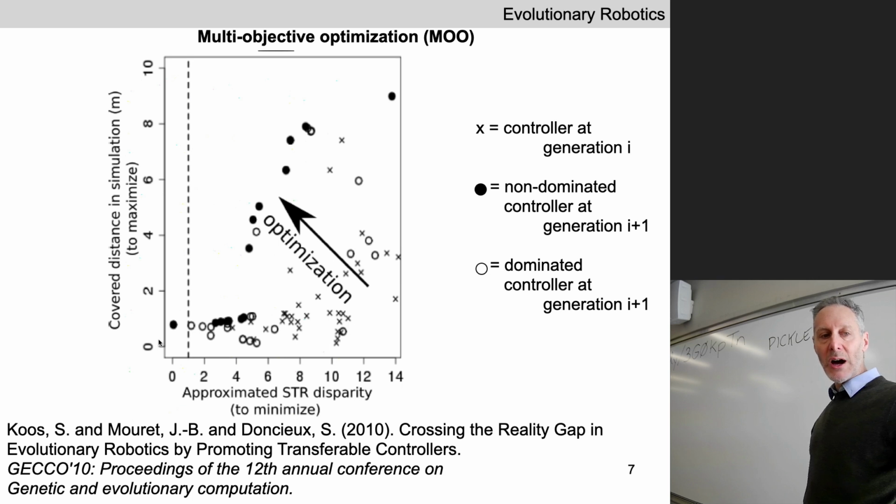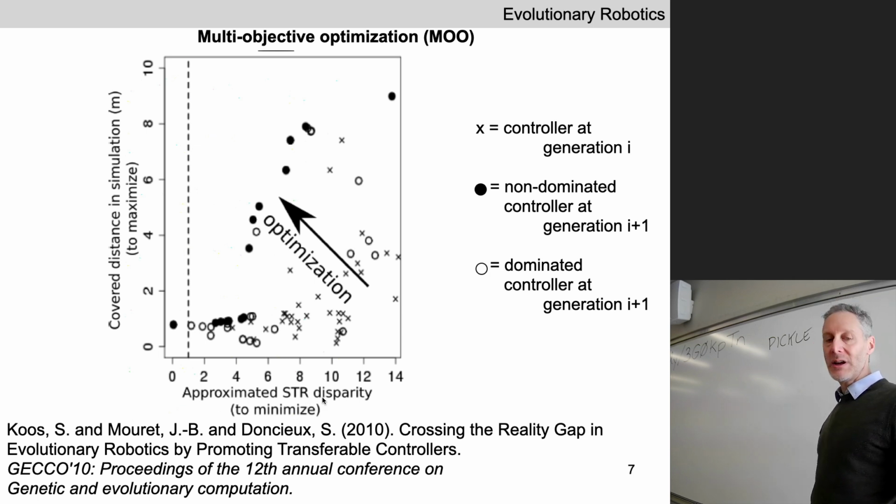In this case, we've got on the vertical axis how well that controller causes the robot to do in simulation, where higher is better. Higher is further, higher is better. And on the horizontal axis here, they're still plotting transferability, but they're plotting it slightly differently. They're computing transferability as the approximated sim to real disparity.